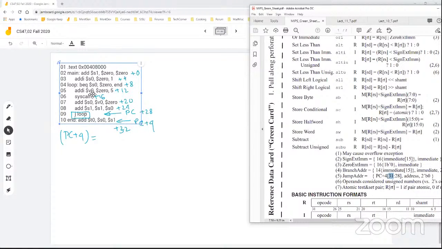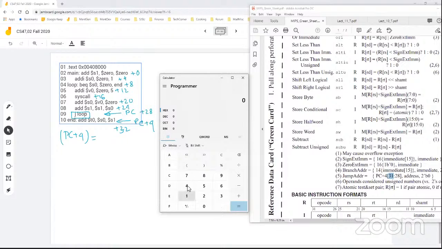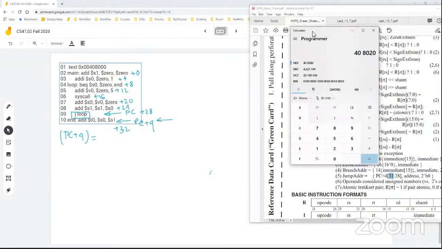So my PC plus 4 is 408000 plus 32, so this specific address is 00408020.